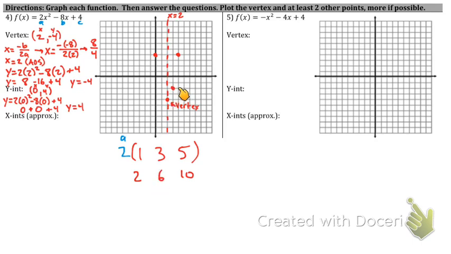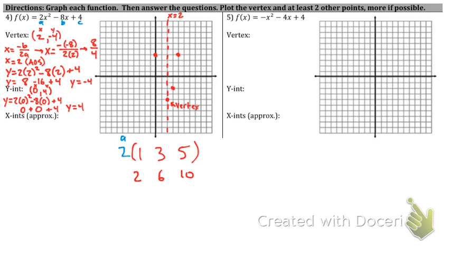So over 1, up 6. 1, 2, 3, 4, 5, 6. And look, we already have a dot there.